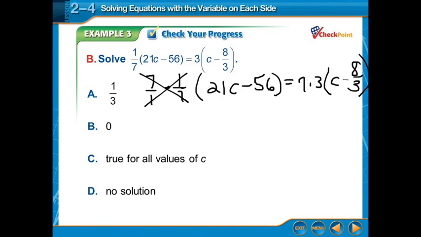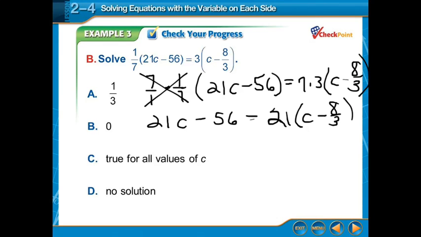Alright, this will cancel out. That will leave me 21c minus 56 equals 21 times c minus 8 over 3 equals, and let's see, 21 times c and 21 times... that will simplify out.